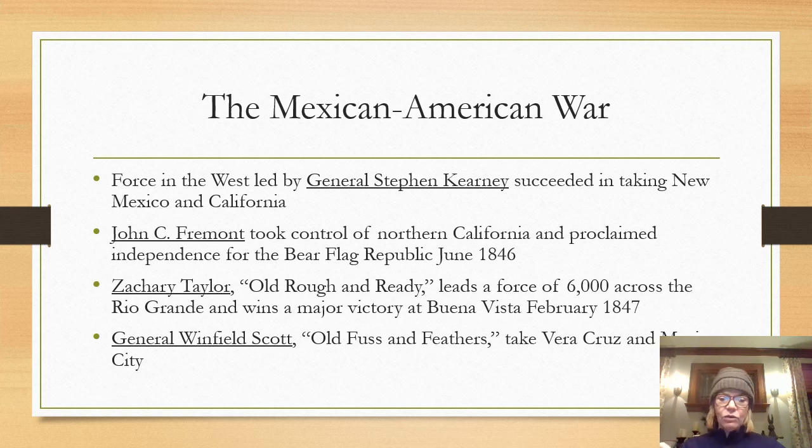He lands at Veracruz, then goes and takes Mexico City, and forces the government to surrender and to sign the Treaty of Guadalupe Hidalgo. So they're taking California from the north, and California and New Mexico from the north and the east, and then we're coming down from Texas and from the Gulf of Mexico. So it's almost like a four-prong attack from the north to Mexico.